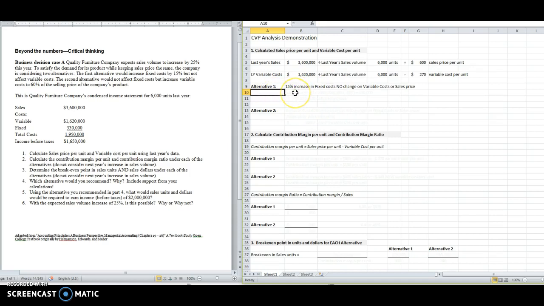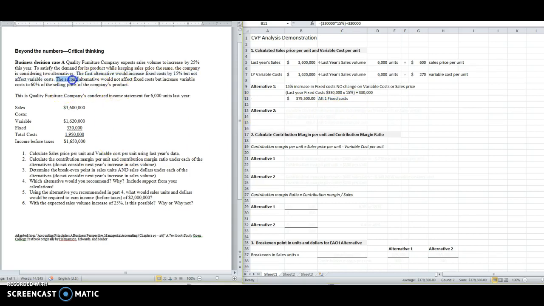So how would we calculate a 15% increase in fixed costs? We would take last year's fixed costs of $330,000, multiply that by 15%, and then because it's an increase, we're going to add it to what was already there. So that's going to give me a new fixed cost for alternative 1 of $379,500.